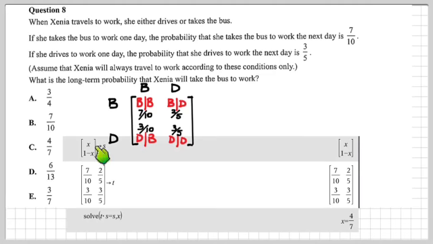You say, okay, my initial state matrix, I'll call it x and 1 minus x. I've called that S for initial state. Then I've put in my transition matrix and called it T. Now, this is the way you do these exact form ones. You solve T times S equals S, and I'm solving it for x.